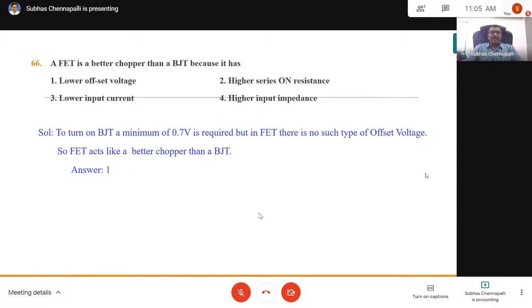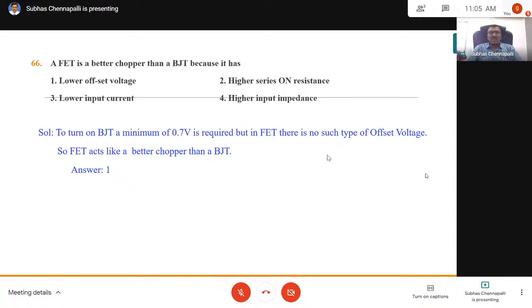Next, FET is a better chopper than BJT. This is a conceptual problem, perhaps one more problem. To turn on a BJT, a minimum of 0.7 volts at the input diode, that is VBE, is required. But in the case of FET, no such offset voltage is required. Even when VG is equal to 0, there is a channel from source to drain, so it starts conducting.